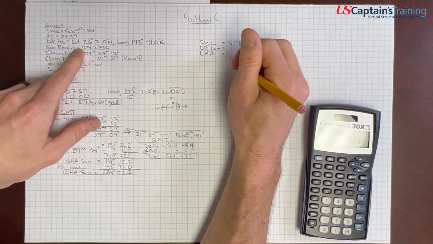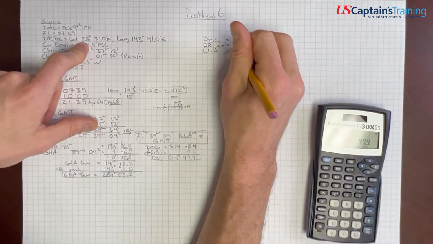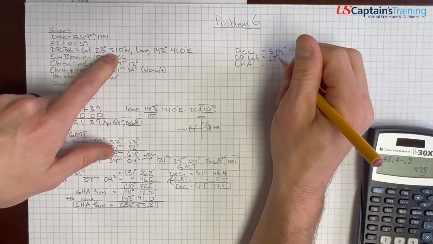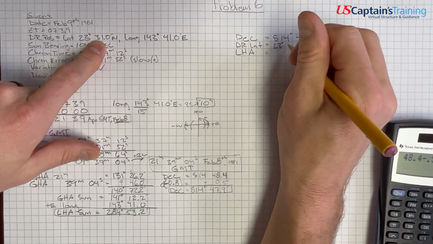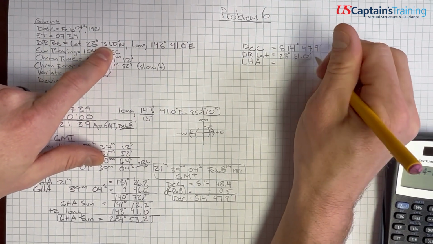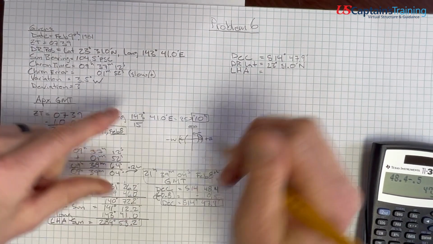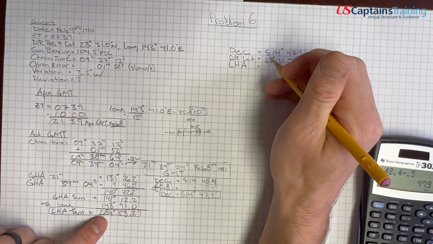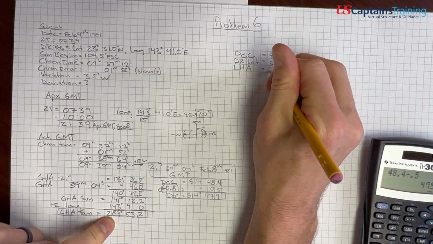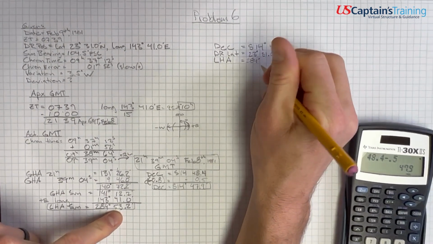Our DR lat, 23 degrees, 31.0 minutes north. And then our LHA is 284 degrees, 53.2 minutes.